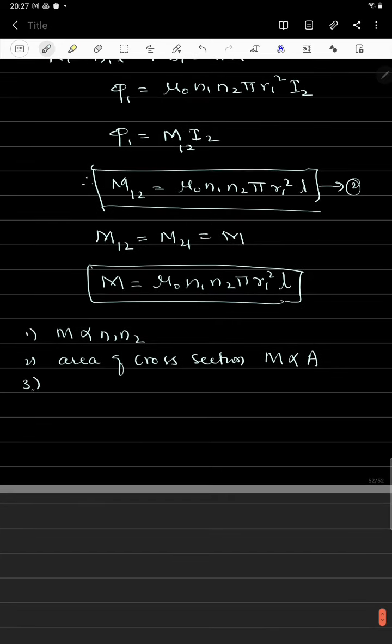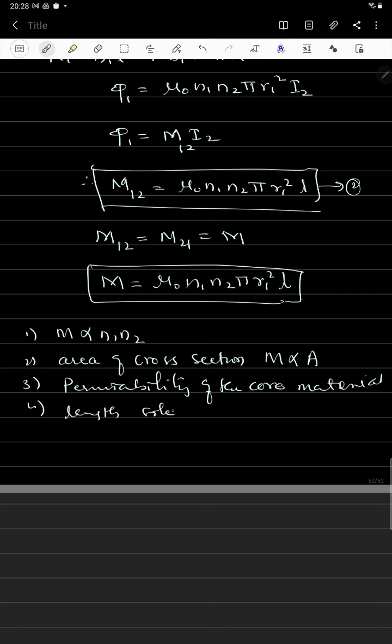Third is the permeability of the core material. And fourth is the length of the solenoids. So all these factors affect the mutual inductance.